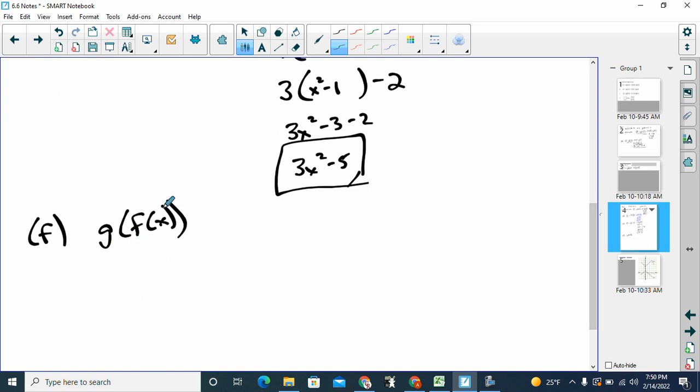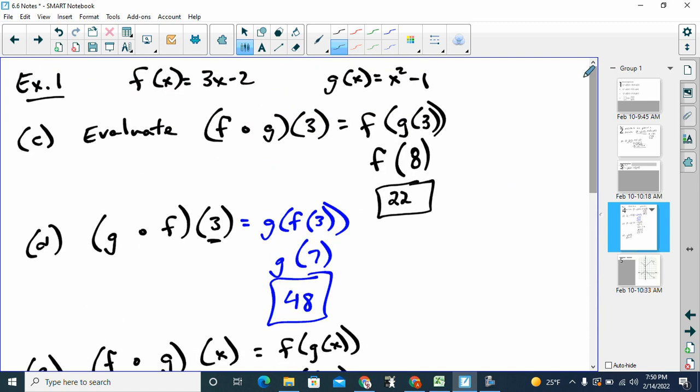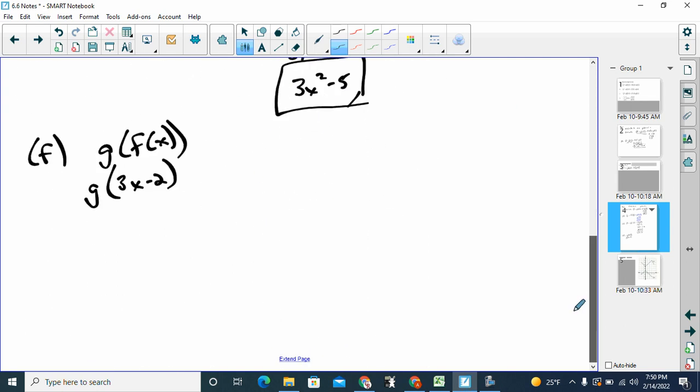Start by replacing f of x with what f of x is equal to. f of x is equal to 3x minus 2. g of 3x minus 2 means go to your g of x and replace x with 3x minus 2. So I have x squared minus 1, but instead of x, I'm putting in 3x minus 2.